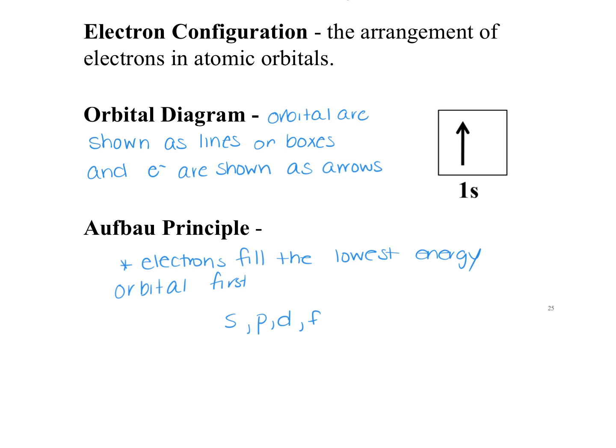That's the order we're going to go in. Then also that means that energy level 1 is going to be filled before 2, which is going to be filled before 3, right? So that's the order when we think about filling these electron configurations.